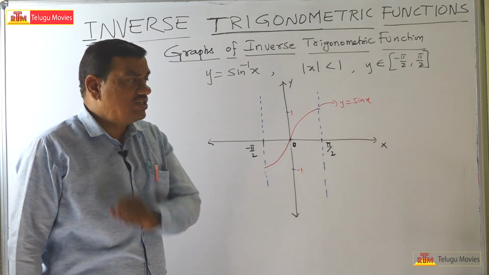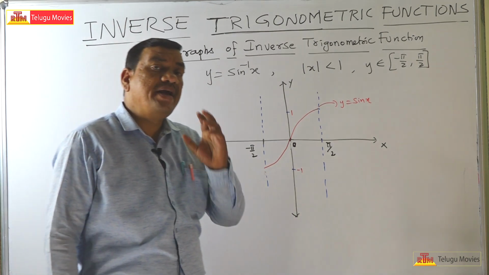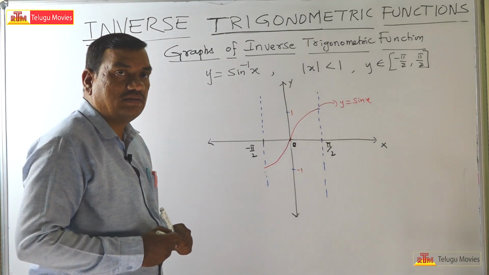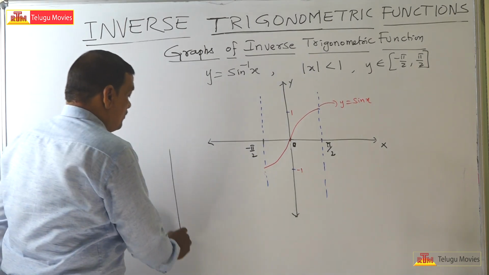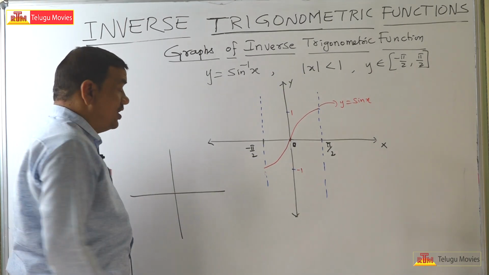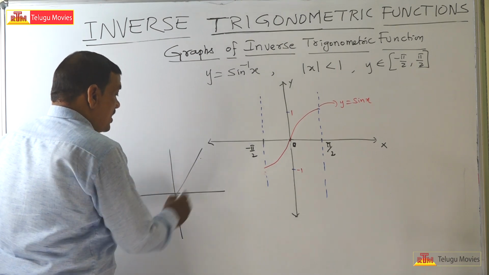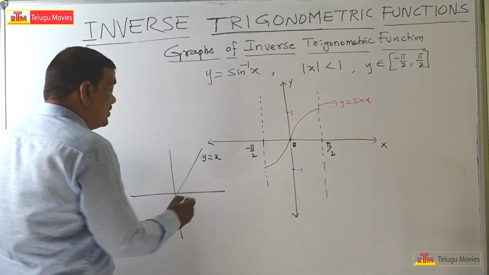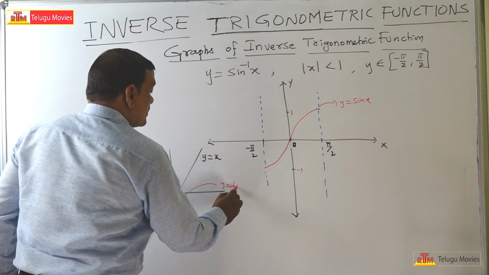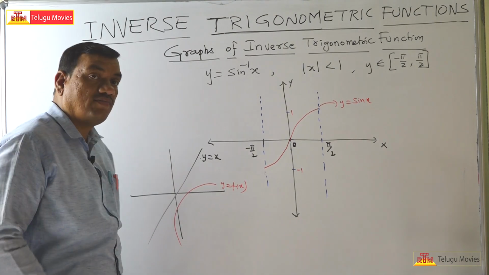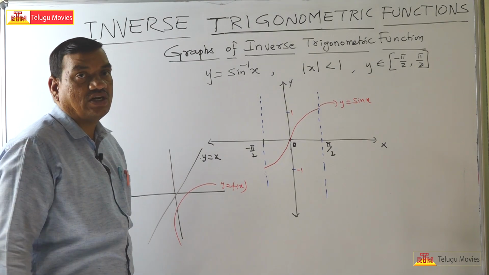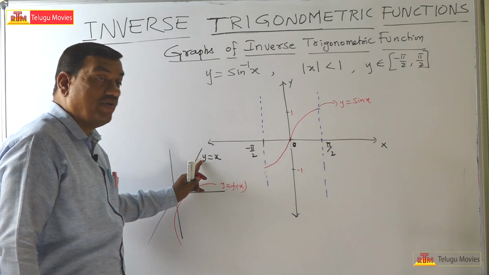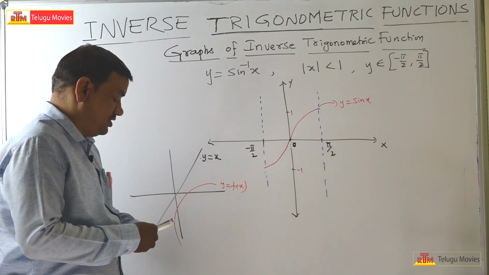The basic concept, which I explained while explaining trigonometric functions: if this is the line y is equal to x, and your function is y is equal to f of x, its inverse function curve is just the image of y is equal to f of x with respect to the line y is equal to x.